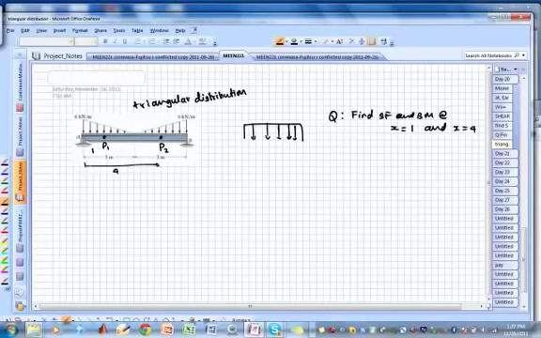As usual, I'm going to draw a free body diagram. Our coordinate axis is going to be like that. I'm going to draw a free body diagram for this, and the free body diagram looks like this.